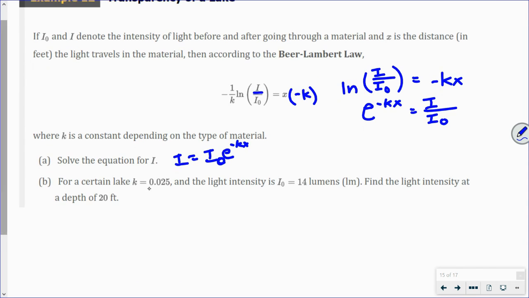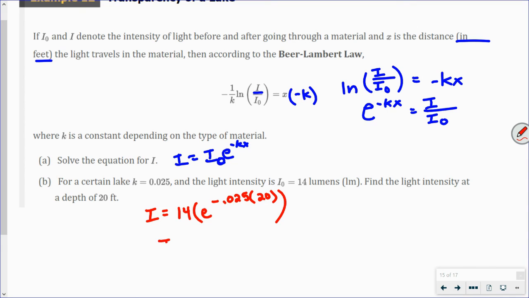Okay, for a certain lake, k is 0.025. The light intensity is I naught equal 14 lumens. Find the light intensity at a depth of 20 feet. And distance, it says right here, is in feet. So that's good. I don't have to change that. So I equals I naught, which is 14, e to the negative 0.025 times x, which is 20 feet.